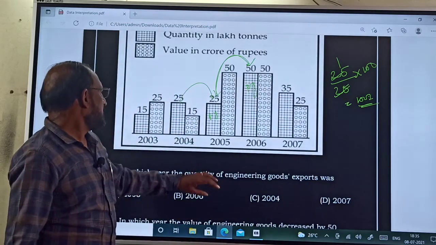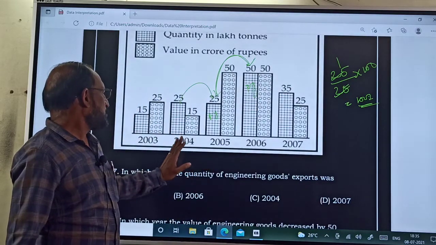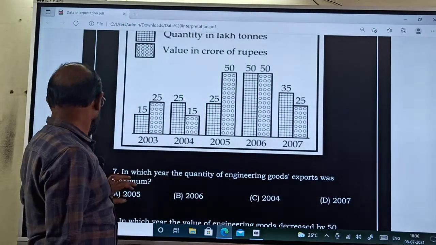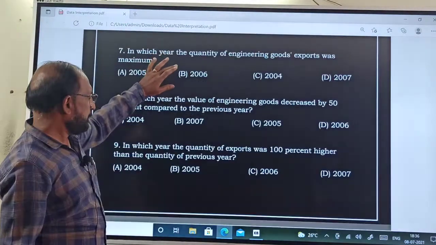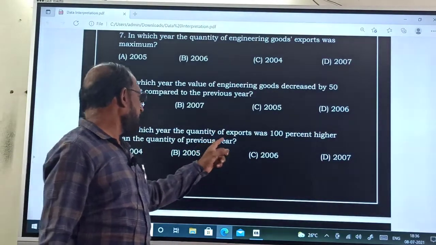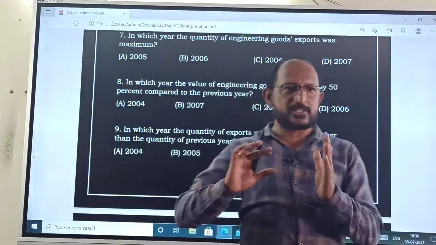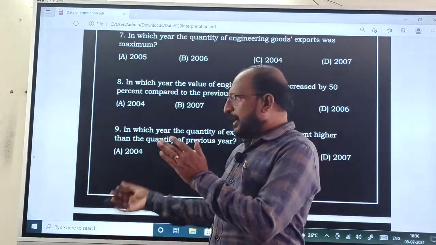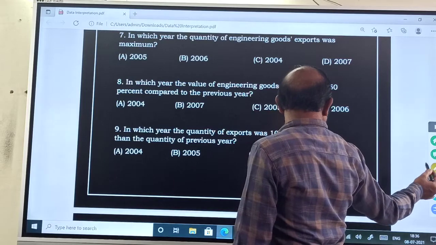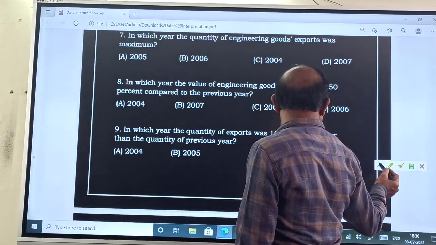According to the options we'll check. 2006, sir. Yes, comparing with previous years, 100% is in 2006. Yes, 2006 is the answer.